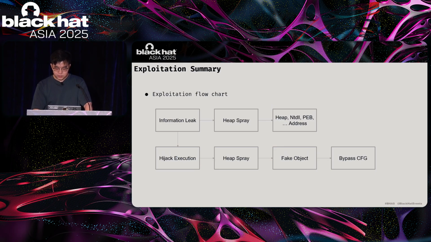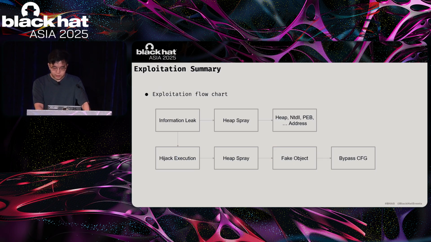With all those addresses in hand, we move on to the next phase, crafting a fake object on the heap. We construct this object with a specially prepared virtual function table that is deliberately set to point to a function in RPCRT4.DLL. This redirection is crucial as it helps us bypass CFG.